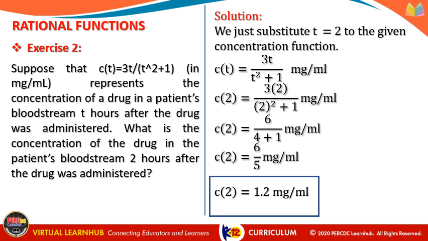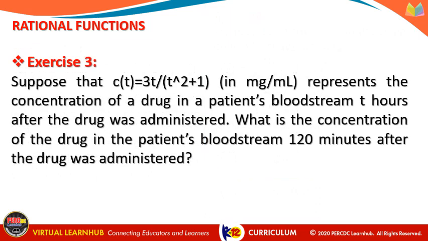O, di ba? Hindi naman siya ganun kahirap. Let's have another one. Suppose that C of t equals 3t over t squared plus 1, again in milligram per milliliter, represents the concentration of a drug in a patient's bloodstream t hours after the drug was administered.